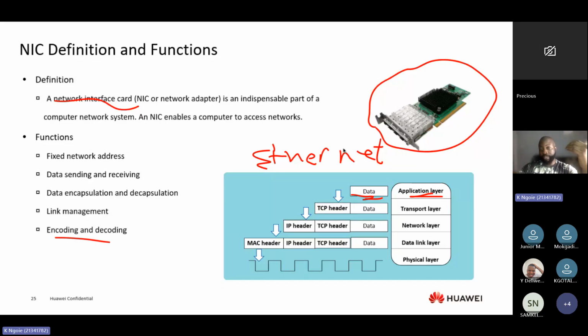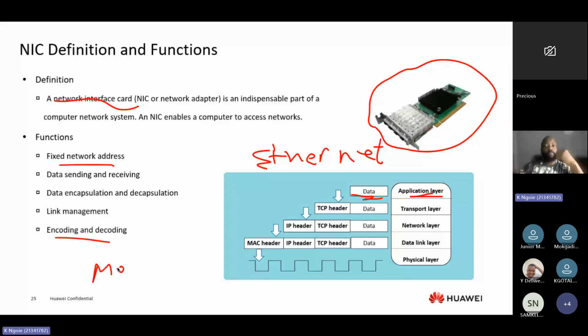Every NIC card will have a unique MAC address, a fixed network address. You can check it even with your computer.